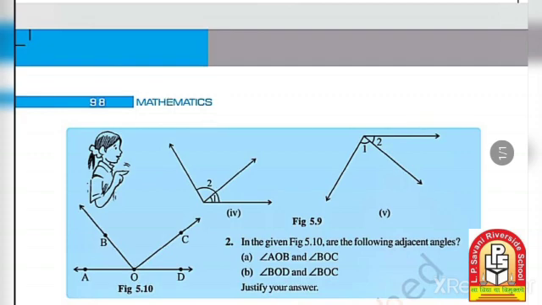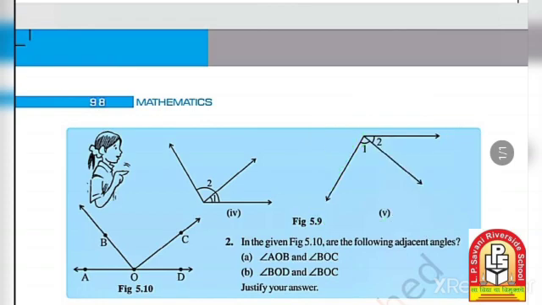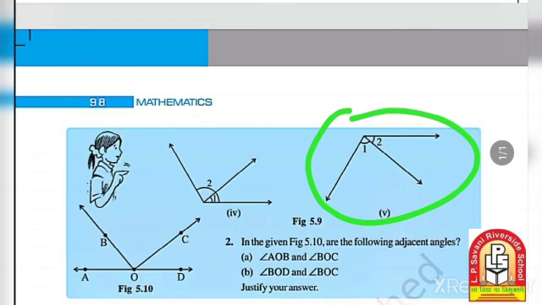In this way you can identify which angles are adjacent or not. Here you can see that the first angle and the last angle do not have a common vertex. Then take these angles: they have one common vertex and one common side, and the other two sides are free, so you can say that these are adjacent angles.